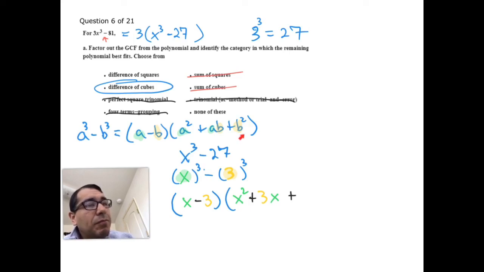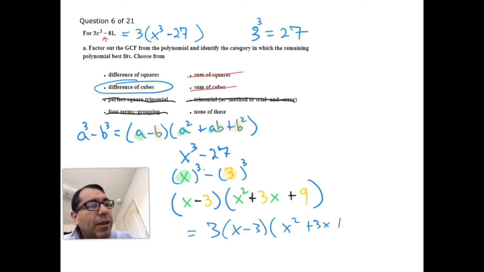So notice b squared, that's 3 squared, which is just 9. So that's what it looks like when you throw it into the formula. And don't forget, we have that 3 out in front. So let's bring it down for our final answer. So our final answer here is 3 times the quantity x minus 3, times the quantity x squared plus 3x plus 9.